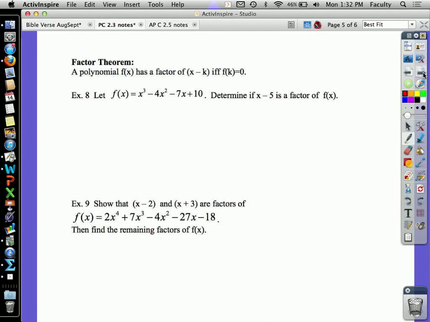So in example 8, it says let f of x equal x cubed minus 4x squared minus 7x plus 10. Determine if x minus 5 is a factor of f of x. What would we need to do to determine if x minus 5 is a factor? What's the factor theorem say?